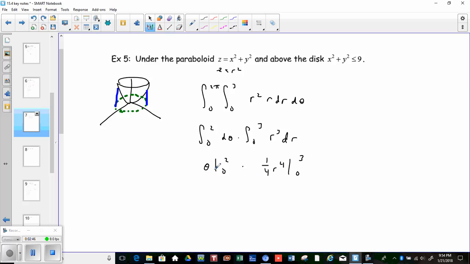So this is going to be 2 pi minus 0, so that's 2 pi. This is going to be plugging a 3 in. 3 to the 4th power is 81, so that's 81/4 minus plugging in 0, and you get 0. So 2 over 4 is going to give us 1 over 2. So 81 pi over 2.